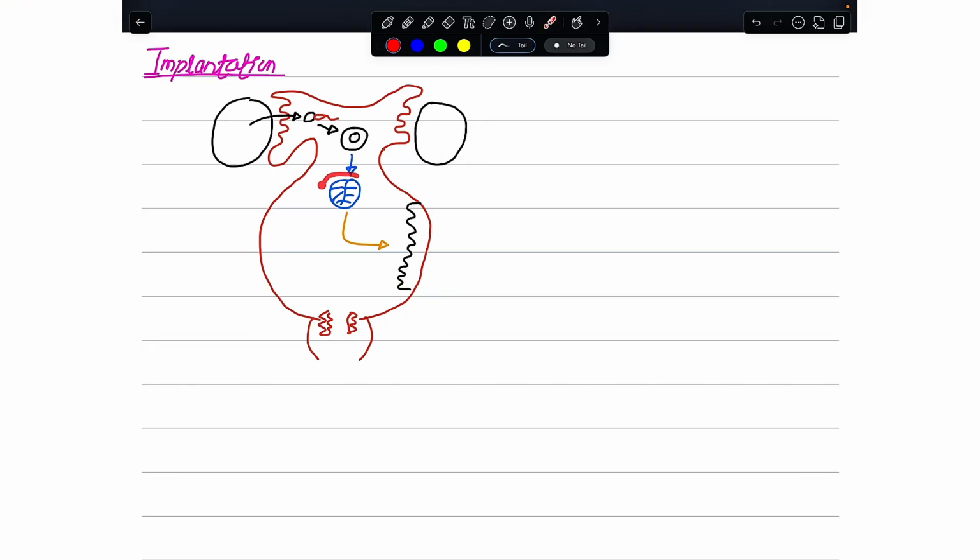I would embed this embryo into the uterine lining, and we will see how that would take this embryo to develop into a full grown baby that would be born after a period of 9 months.